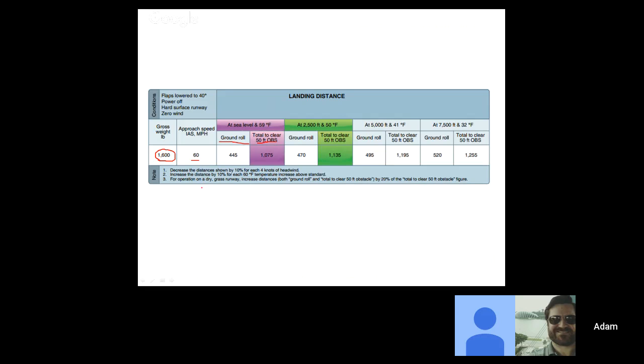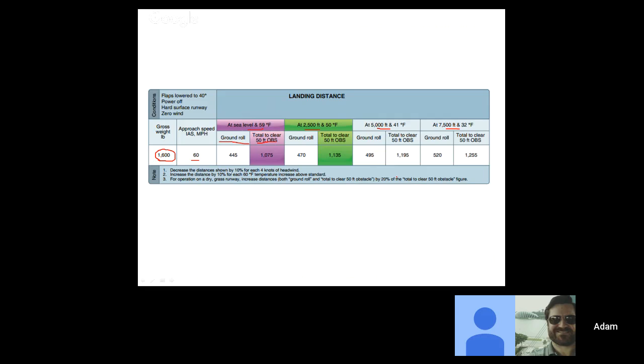It's always going to be the same. And the table is saying that your ground roll and your total landing distance is going to be different depending on where you're at from an atmospheric standpoint. So here's a sea level, 59 degrees Fahrenheit. That is standard. 2,500, 5,000, 7,500, all standard temperatures.